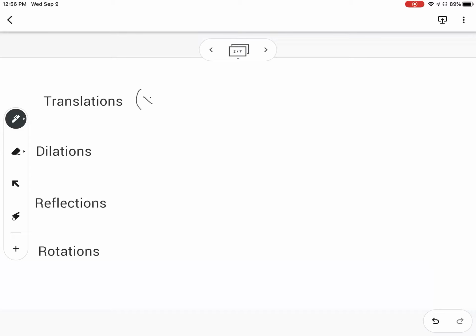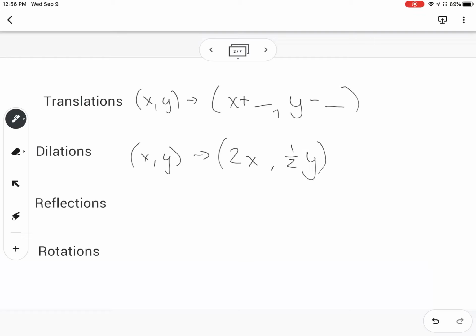So for translations, remember it's always going to say x plus something, y minus or plus something, right? So that's the first part. Then for dilation, we are always going to have a number, it'd be like 2x or a half y.